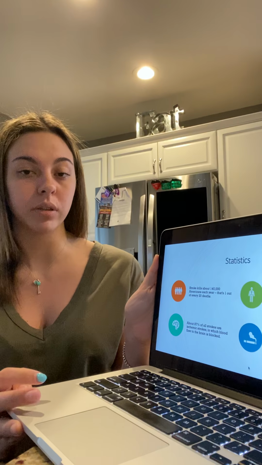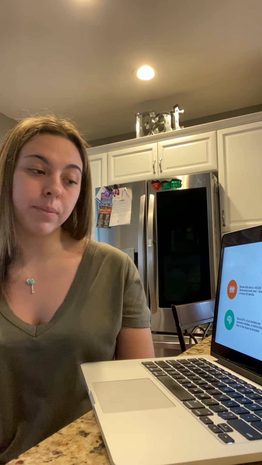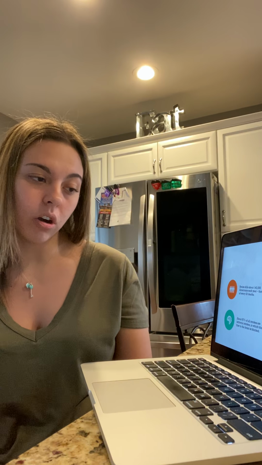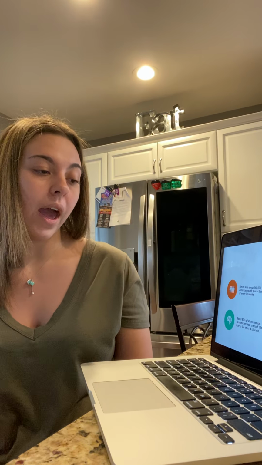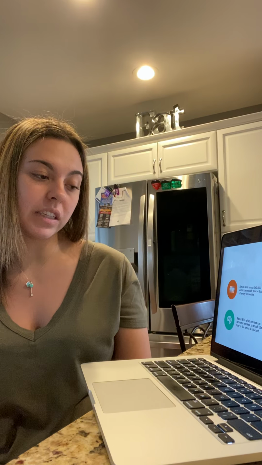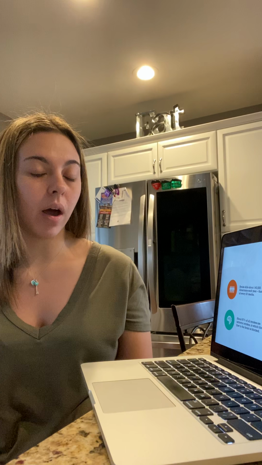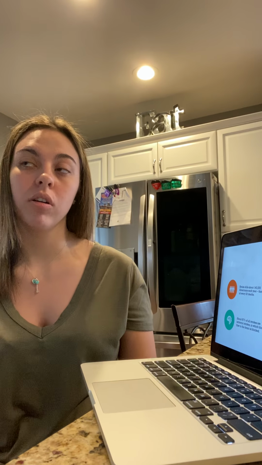And that's 87%. High blood pressure, high cholesterol, smoking, obesity, and diabetes are leading causes of the stroke, and 1 in 3 U.S. adults have at least one of these conditions or habits. So as I said before, a lot of people in America do have hypertension, they do have high cholesterol, there is obesity, diabetes is common, and smoking.